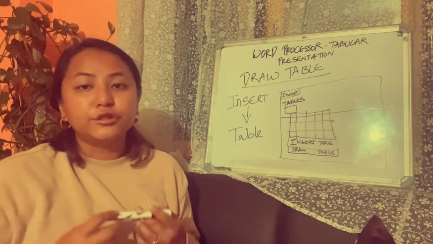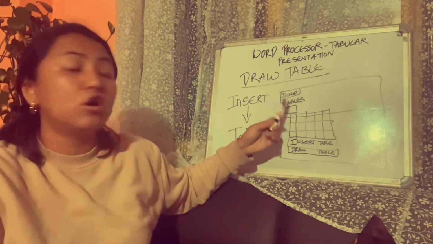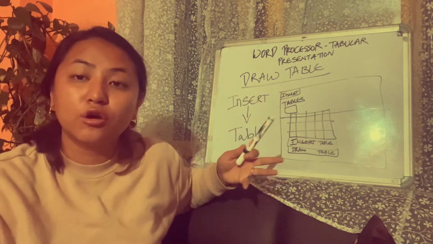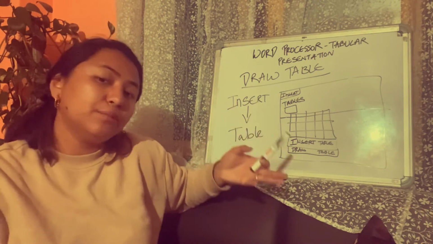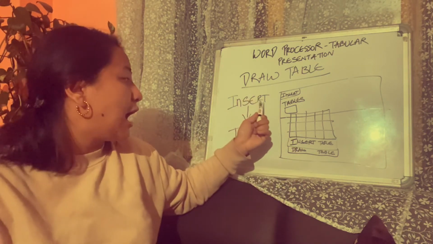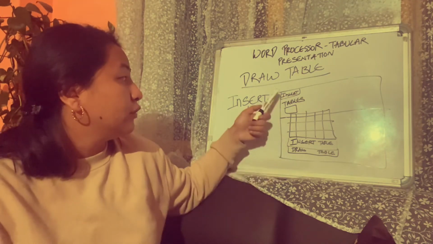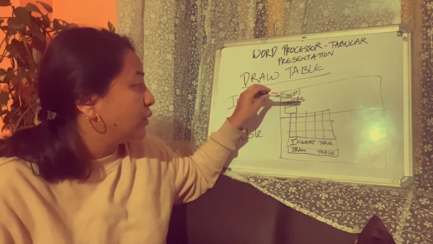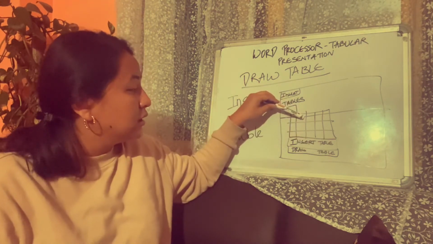Okay students, the third way is draw table. We have an option called draw table. You can draw your table according to your requirement also. For that, in the same way, you go to insert, and after that you go to the option called table. Again the same box with the grid will appear.